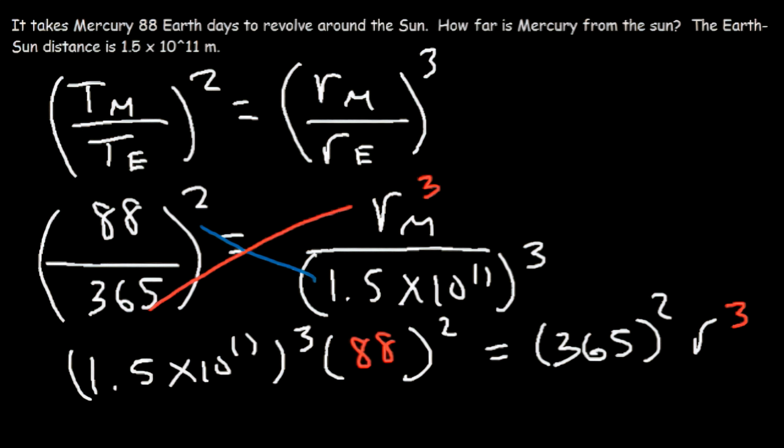So 1.5 times 10 to the 11 raised to the third power, that's 3.375 times 10 to the 33. If you multiply that by 88 squared, you get 2.6136 times 10 to the 37, and then divide that by 365 squared.